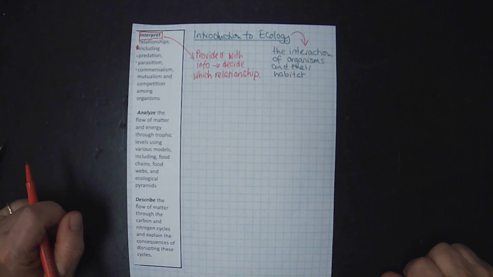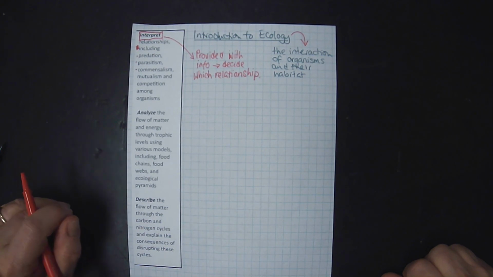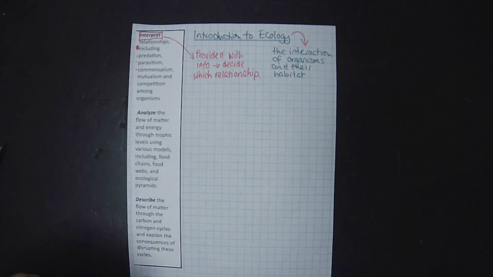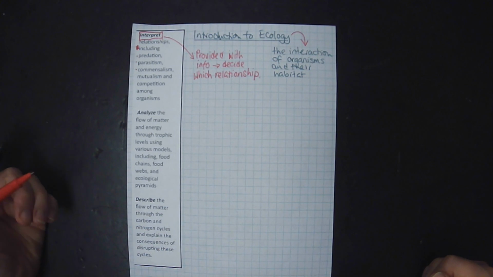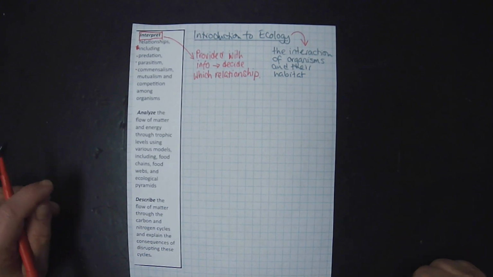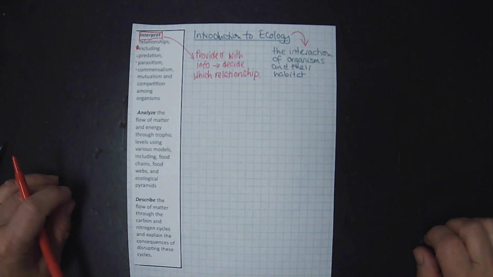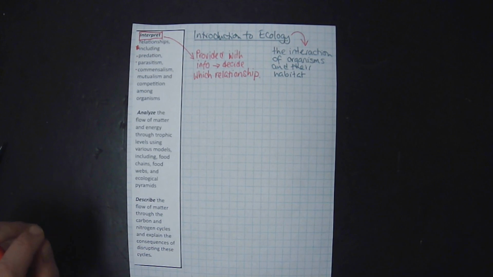That's really good for the birds because they're getting help to get their food. The cattle themselves do not benefit, but they're also not harmed by the birds eating the bugs around them. So that's good for the birds, and it's neutral. It doesn't affect the cattle at all.